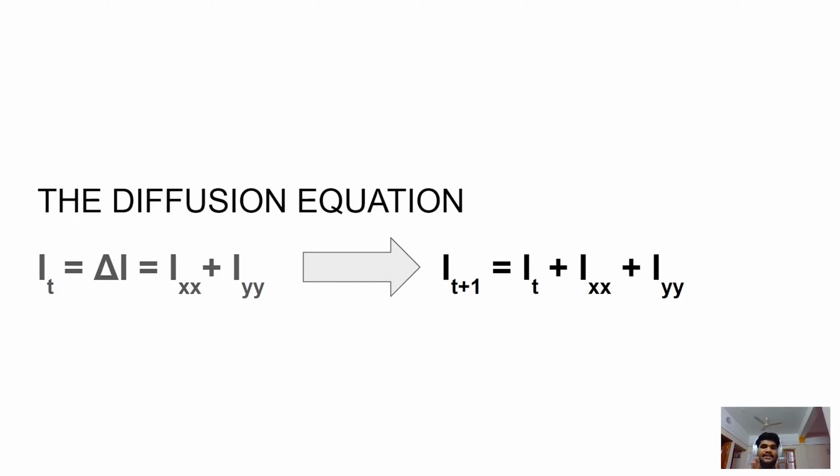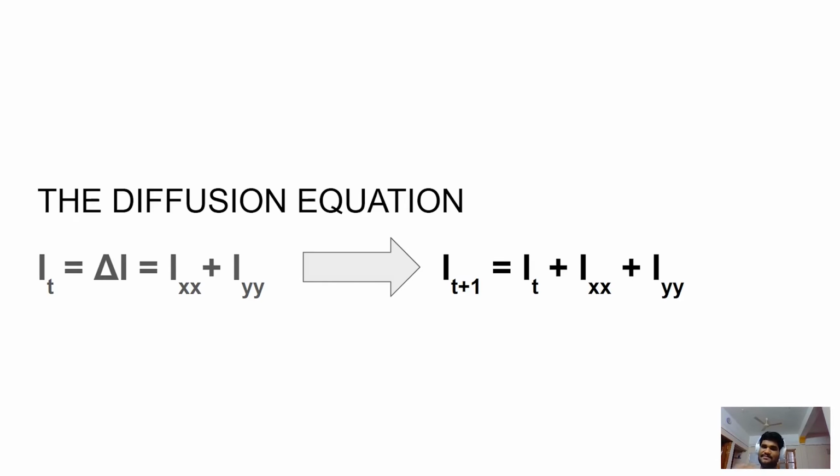What the diffusion equation states is that with respect to time, the intensity of the pixel should change in such a way that it is equally dispersed in all the directions. I_xx here means the second derivative of I with respect to x, and I_yy means the second derivative of I with respect to y. So on the whole, it's telling about the change in I_x.